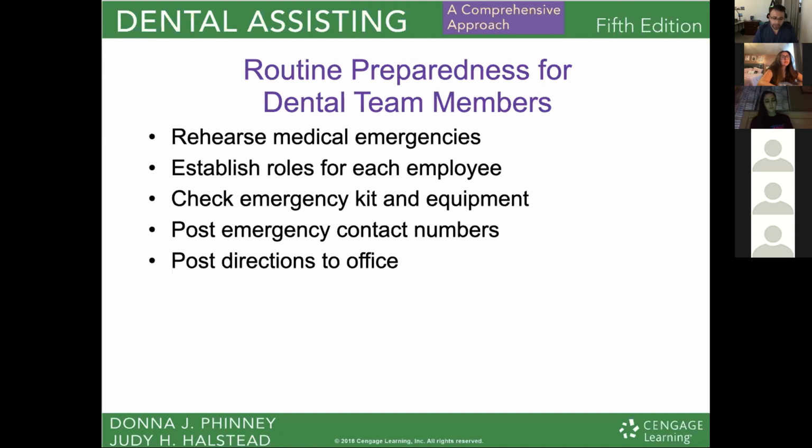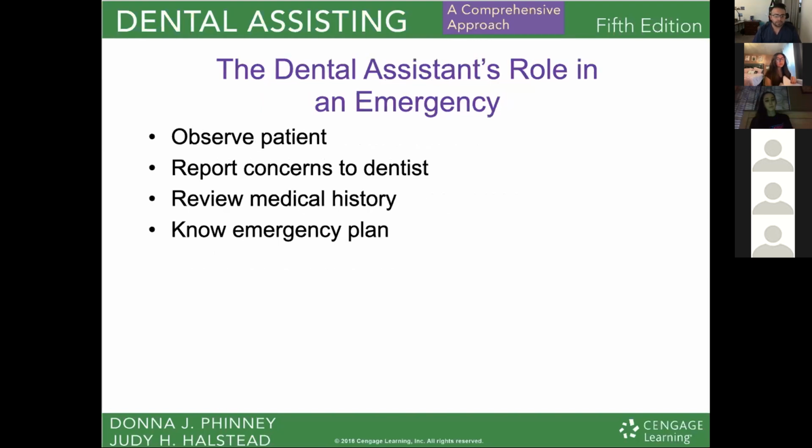An emergency can occur at any time, and the entire dental office team needs to know how to respond appropriately at a moment's notice. So a routine should be established and practiced so that when necessary, it can be implemented and everyone involved will know exactly what to do. The dental assistant can play a key role in the prevention of and response to emergencies occurring in the dental office.